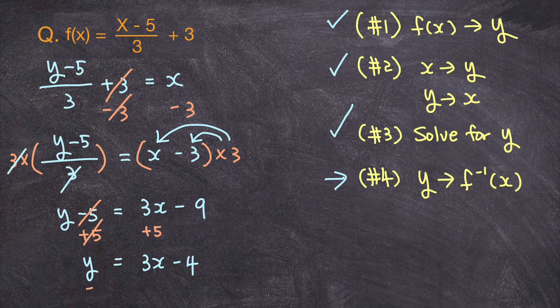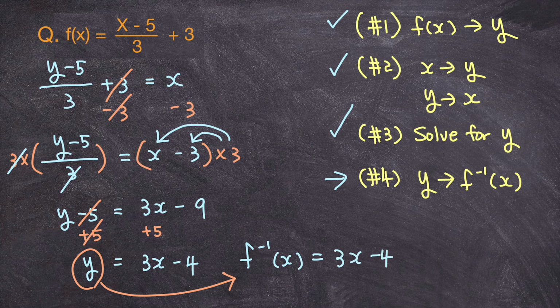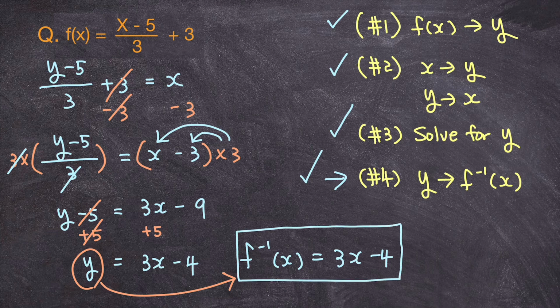So let's take that y and write inverse of f of x and write the rest, 3x minus 4. Now we are done with step 4 and done solving this problem, and we're gonna box this as our final answer. So f negative 1 of x, or inverse function of x, is equal to 3x minus 4, and that'll be our final answer.